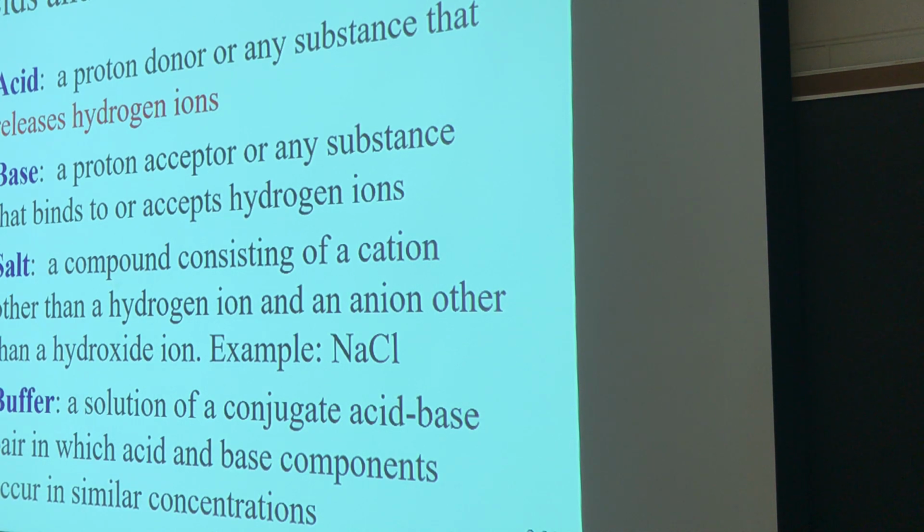And what carbonic acid does that's pretty special is that it can become an acid. When you push the reaction to the right, this has an extra hydrogen. It can give the hydrogen away. So it can be a weak acid.